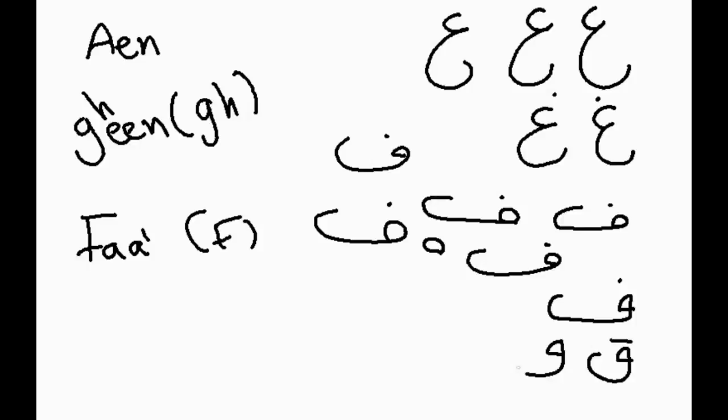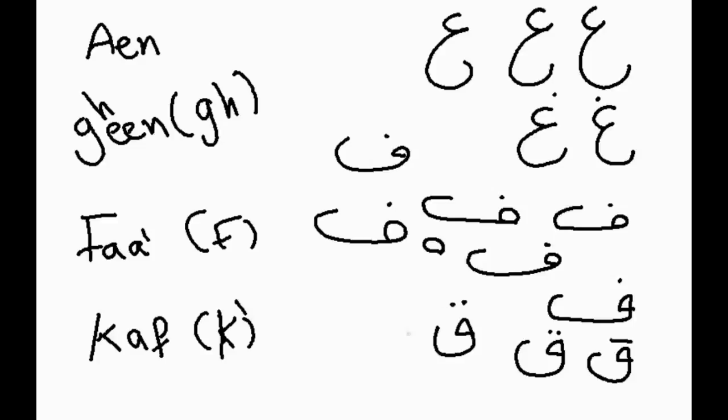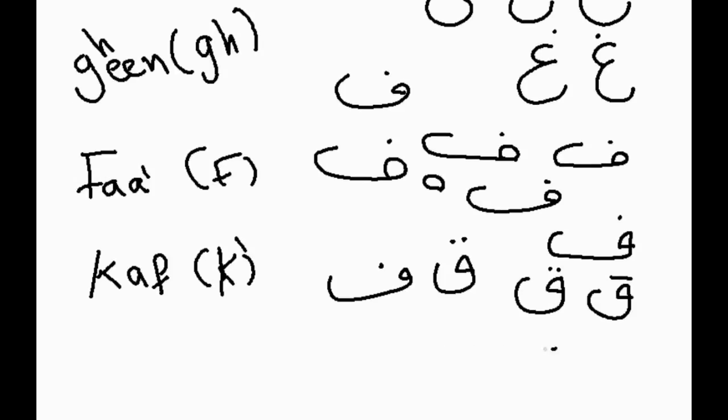Qaf is a loop and an arc with two dots. It's not the letter K, but qa. It also comes from the top of the throat, and is similar to K, but it's not K. The difference between qaf and fa is that fa is a loop with a longer arc, and the height of the letter is way smaller than its length.